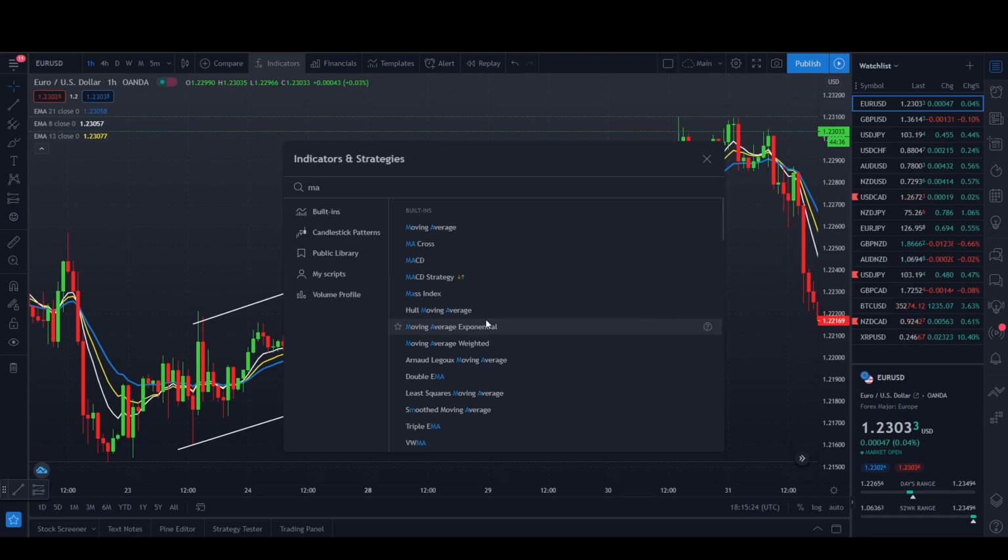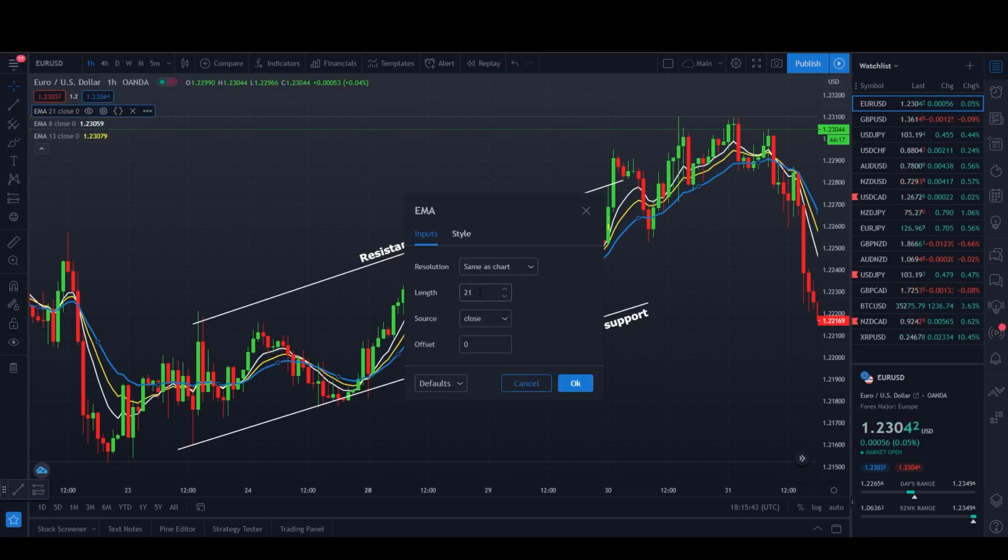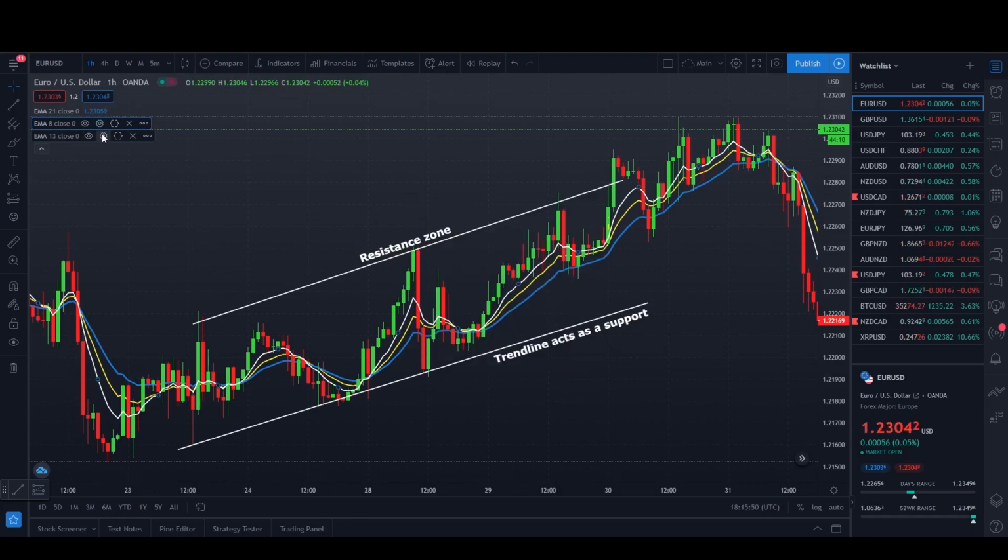We have to press on moving average exponential, and because we need 3 of them, you have to triple click, and then you will have to change the settings on each one. There will be this gear icon over here, and then you basically have to change the length to 21 on one, then on the second it will be 8, and the last one will be 13.